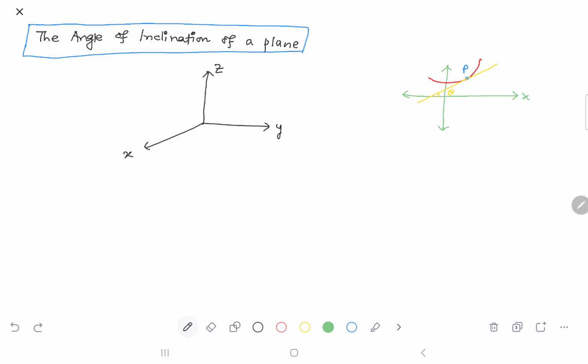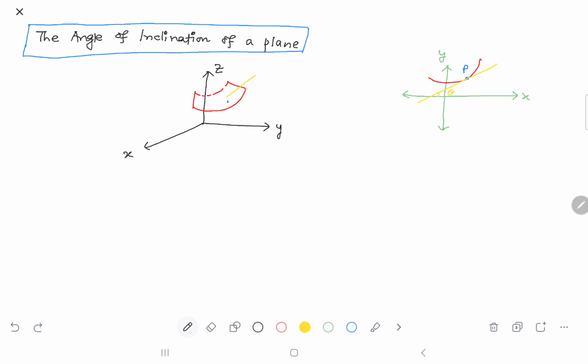Now, since we are working with a surface, this is the 3D version of the curve, and the 3D version of the line is the plane. So this is the tangent plane. Let's say we have a surface here, and a point P on it, and we consider the tangent plane at this point.